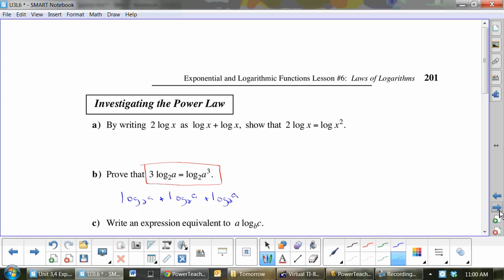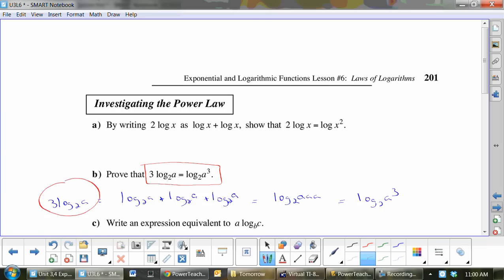I mean, 3 dogs means dog plus dog plus dog, right? Now, using the product law, this is the same thing as log 2 of a times a times a, right? Because if you add logs together, it's the same thing as multiplying, which is log 2 of a cubed, right? Okay, and I started here. This is 3 log 2 of a equals this.